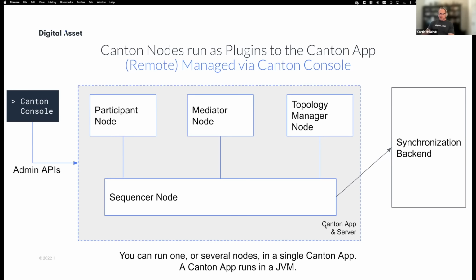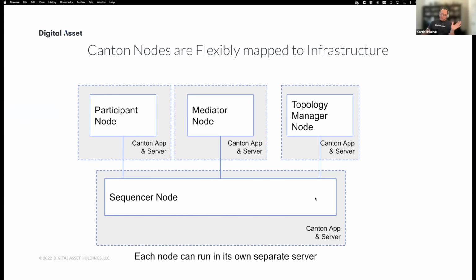And this Canton application is running on a single server. And that's one extreme. The other extreme is this deployment where each Canton node is running on its own Canton application and server. In general, it's a good security practice for each user or organization to be mapped to their own participant node. So obviously, there's a wide range of deployment options between these two extremes.